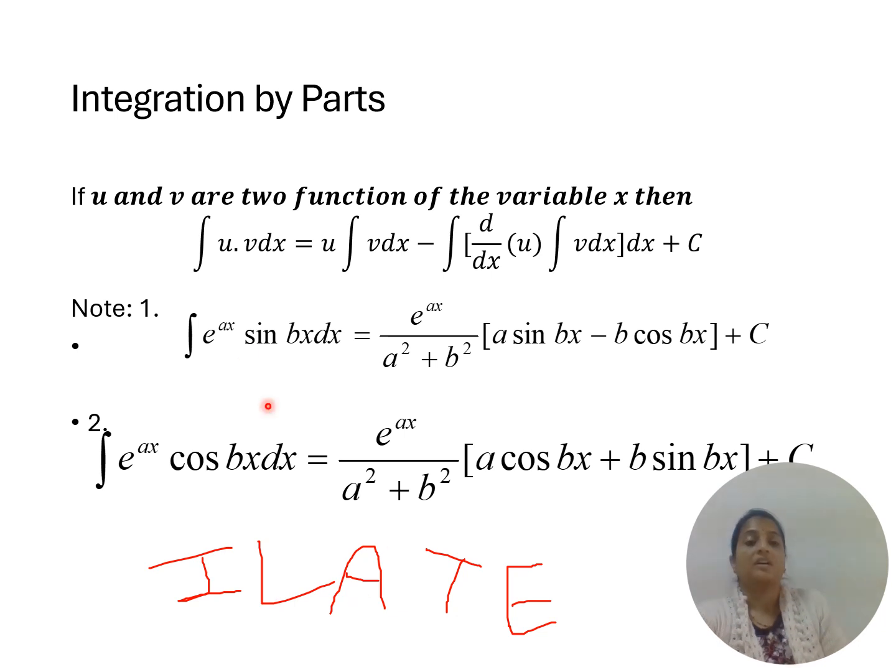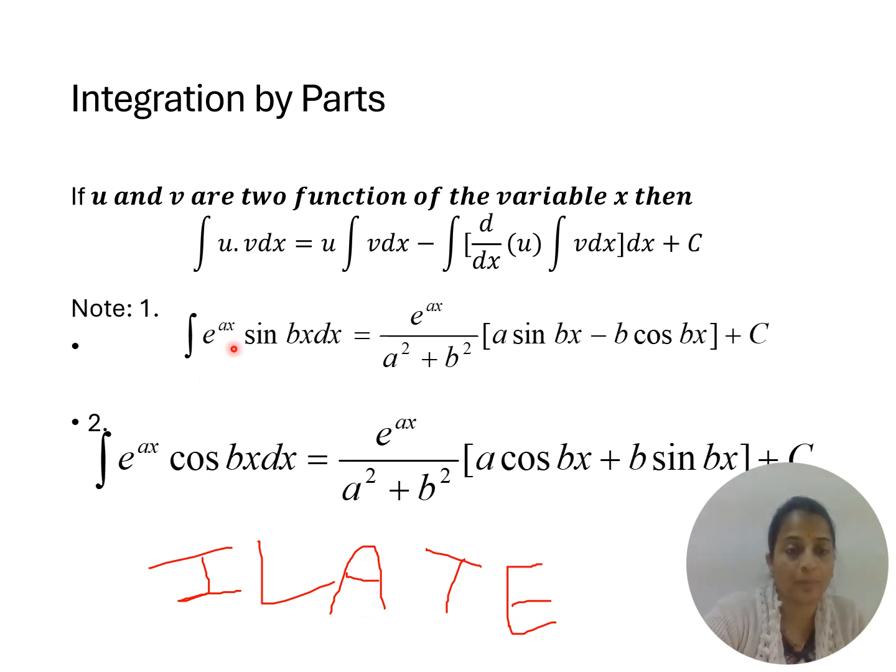So we choose u and v by the word ILATE. For example, in e to the power ax sin bx, we choose the first and second function, u and v, by the word ILATE.